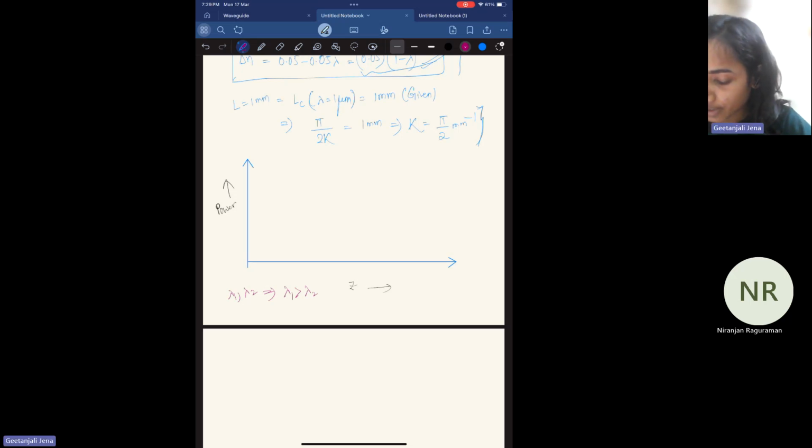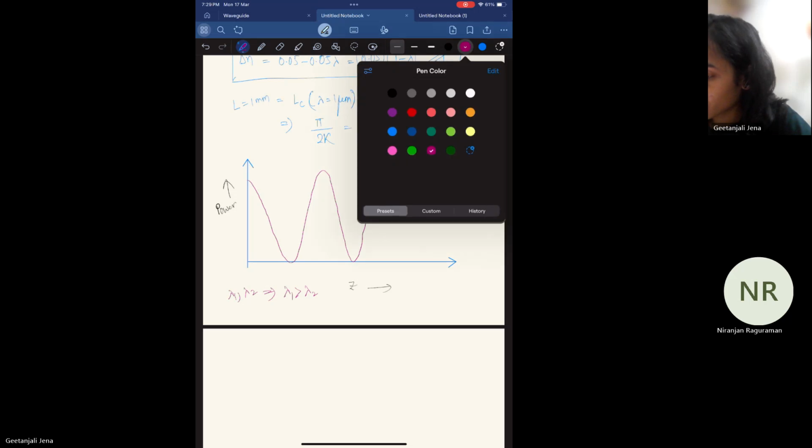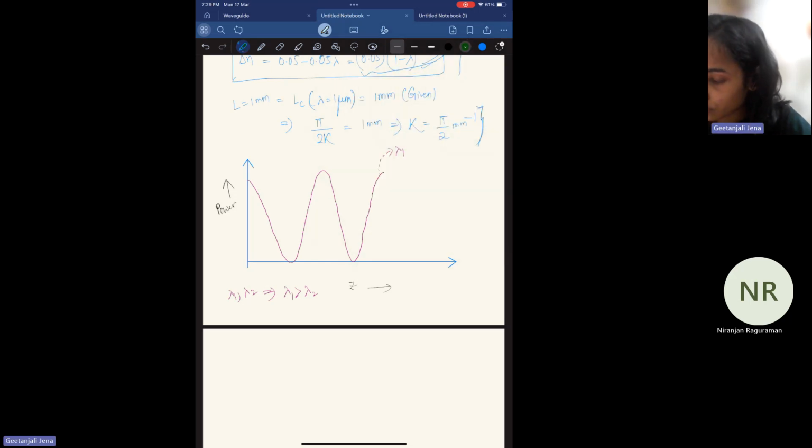So for this case, what we have is the variation of power for lambda 1. For lambda 2, what we have is this.